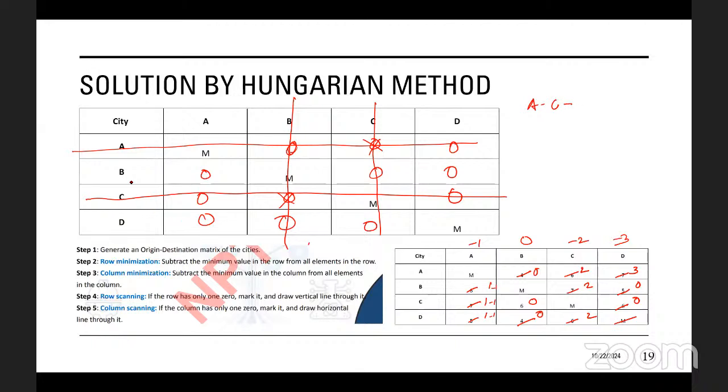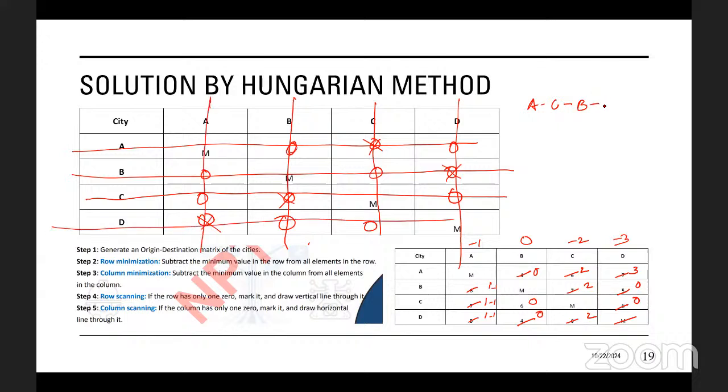Now once we reach B, we can select B to D, because we cannot go back to A. So we will select B to D, and then this D column will go off. And finally, we have just D left. So B to D will come, and then it is back to A.